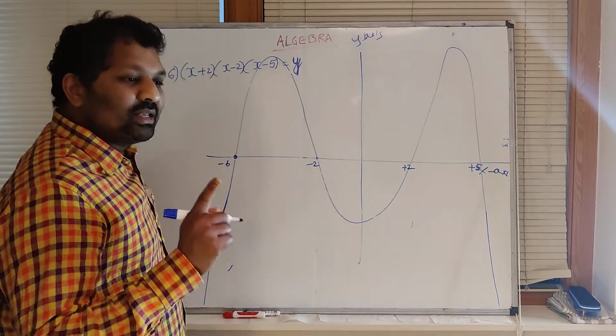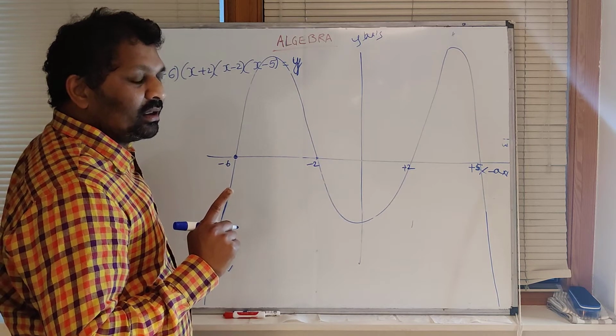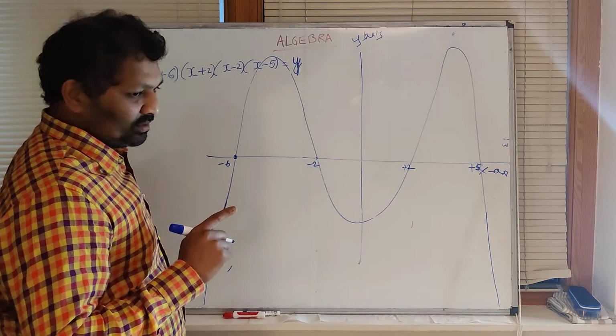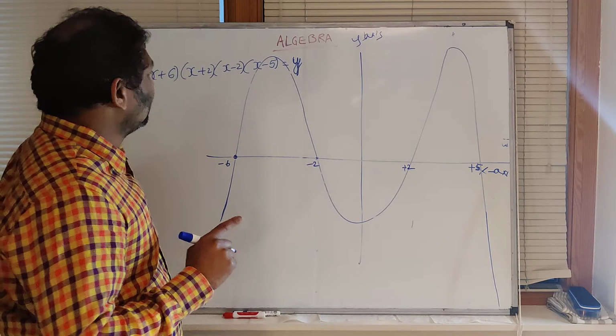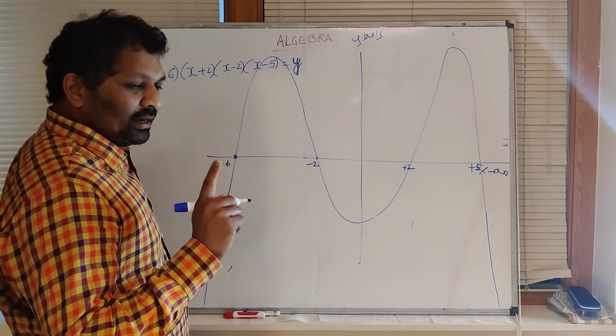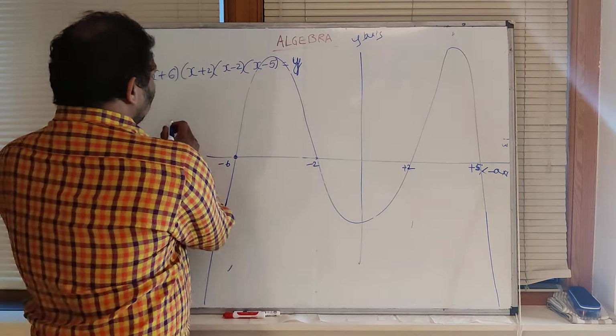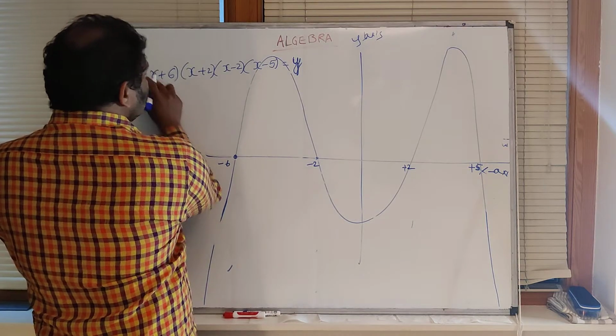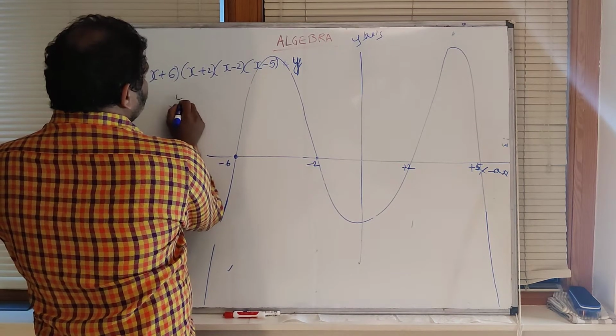If it is an even factor, it will come both up or both down. That is one technique. And another technique: the coefficient of the maximum power. What is the maximum power here? x to the power of 4.